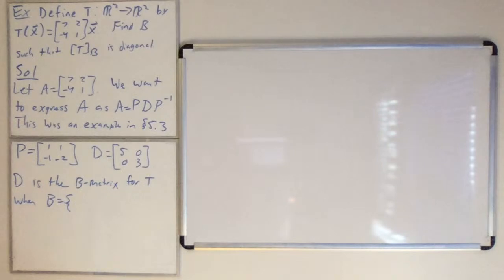So D is the B matrix for T. So this is the conclusion of what the theorem said when something holds.